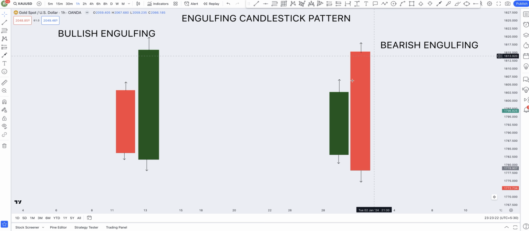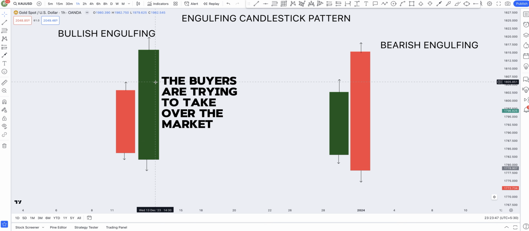Now when we come to the bearish one, you see that the bearish candlestick, this is the mother bar and this is the baby bar. The bearish candlestick has engulfed the baby candlestick, or the previous candlestick. So when you see this in a downtrend, on your point of interest, area of value, then you should know that the bulls are trying to take over the market.